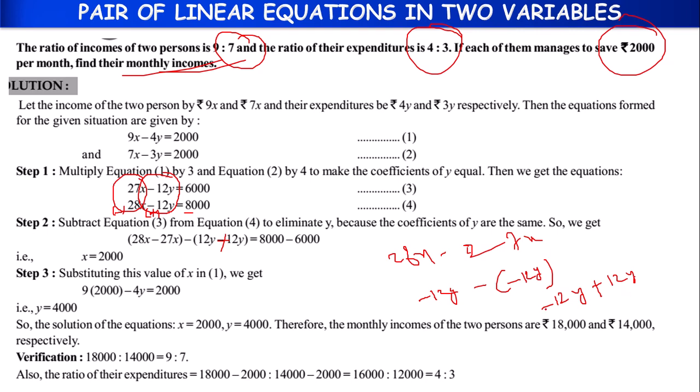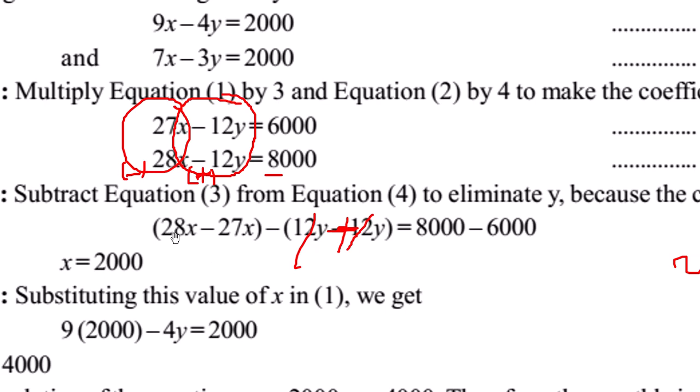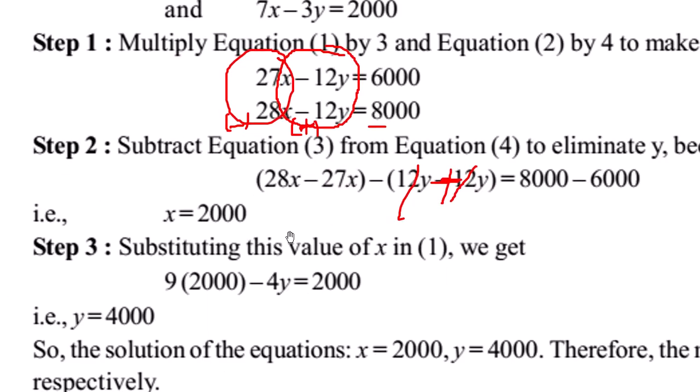Like this we can write, or directly they have taken minus common, 12y minus 12y. Like that also we can write. Because if we take minus common, the symbol will change. So 12y gets cancelled. It is 0. 28x minus 27x equals x. 8,000 minus 6,000 equals 2,000.